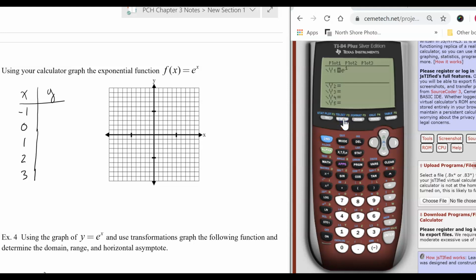And let's look at our table. Okay, so let's change that back to auto, and let's change table start to -1, and we'll go up by 1s. And again, back at the table.